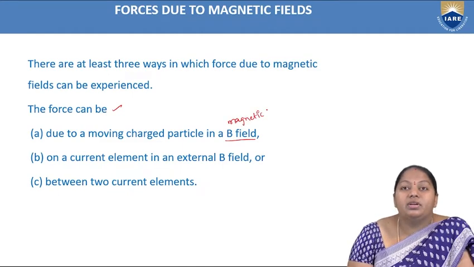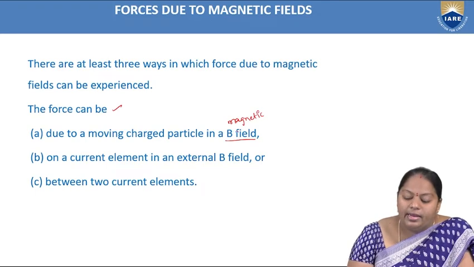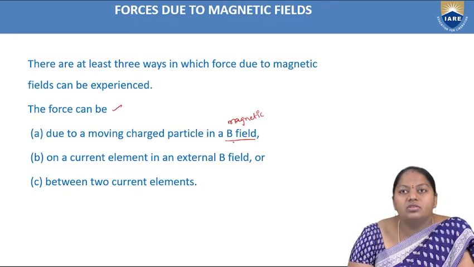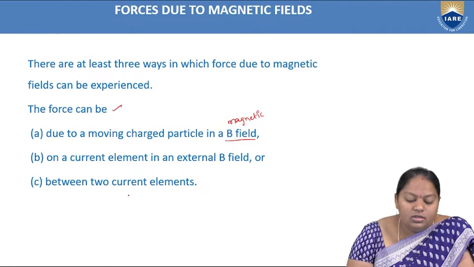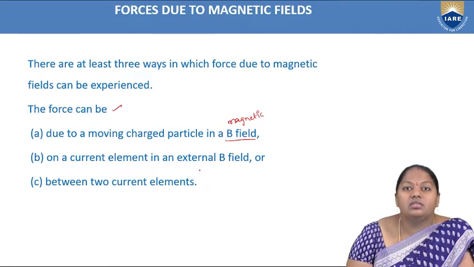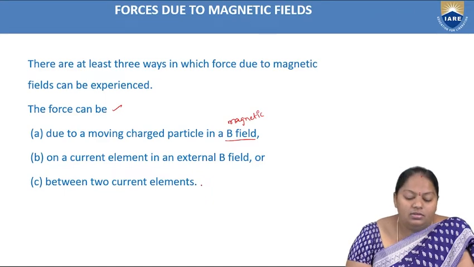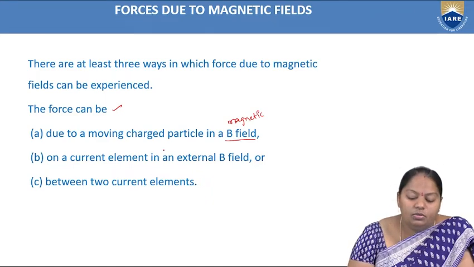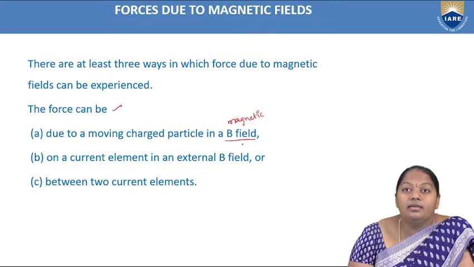B is the notation for magnetic flux density, and considering B or H is a similar analogy. So the first case for the magnetic field force is due to a moving charged particle in a B field or magnetic field.